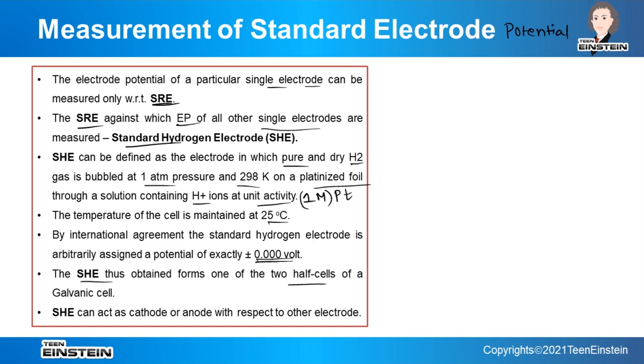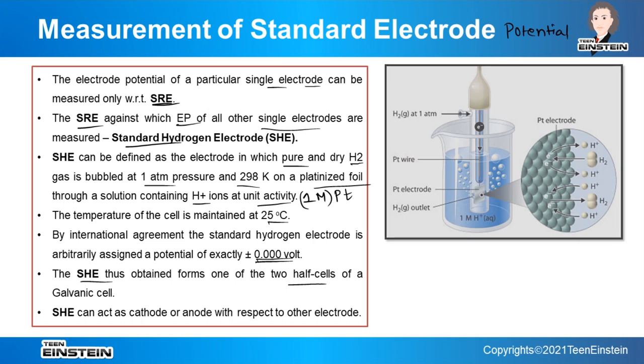But it can also act as cathode, that means now H plus will accept electron and it will be converted to H2. So it depends on the tendency of the other system, whether it has higher capacity to lose or gain electron compared to the hydrogen system's capacity to gain or lose electron.